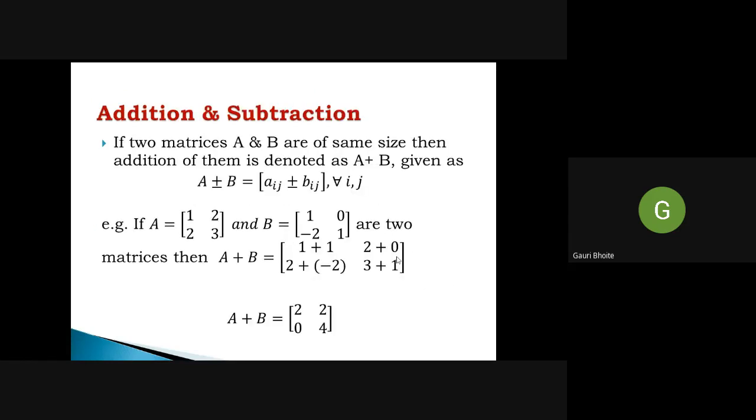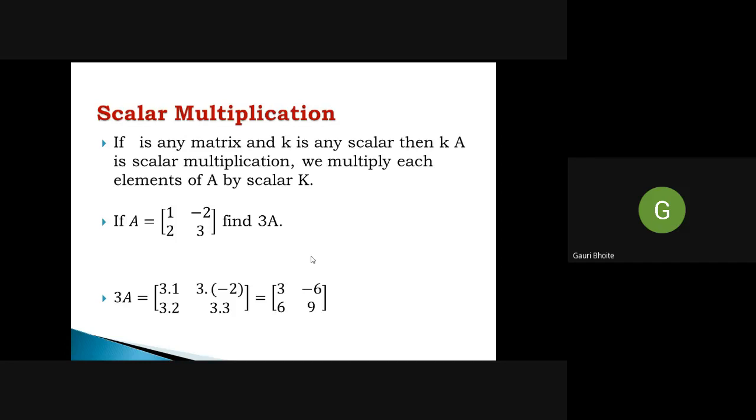Then addition and subtraction. We can add two matrices if and only if they are of the same size, and we add or subtract corresponding elements. So A plus B means Aij plus Bij, and A minus B means Aij minus Bij. You already know how to add two matrices, so I am not wasting time on examples. An important part is scalar multiplication.